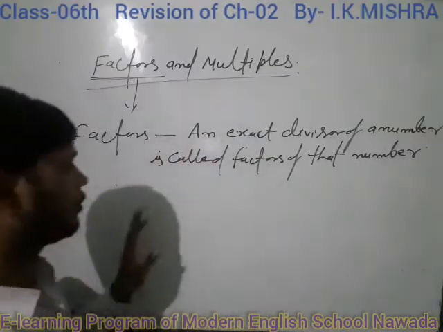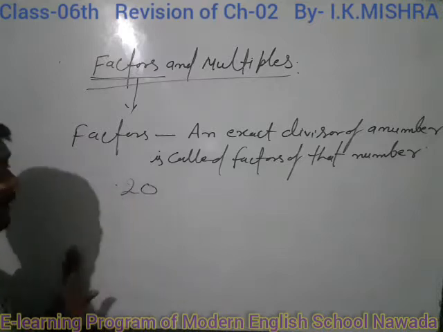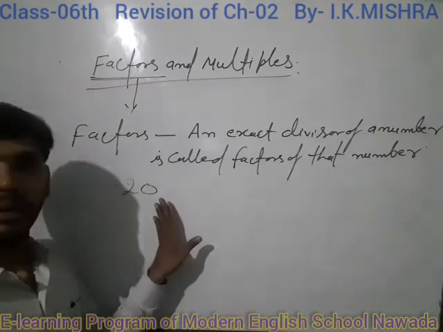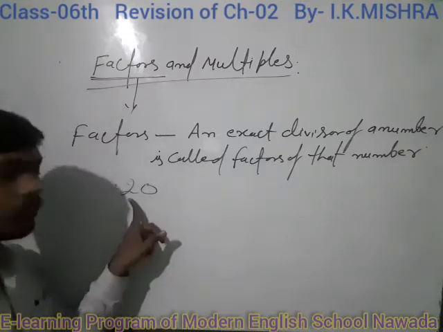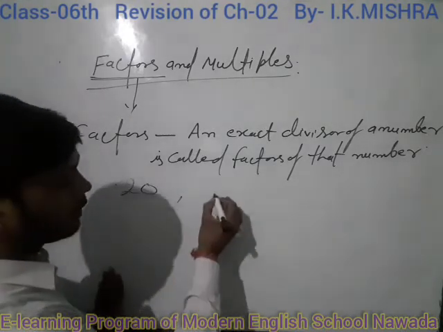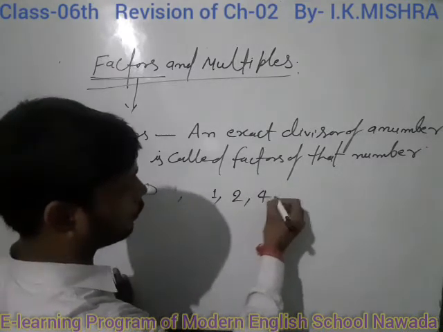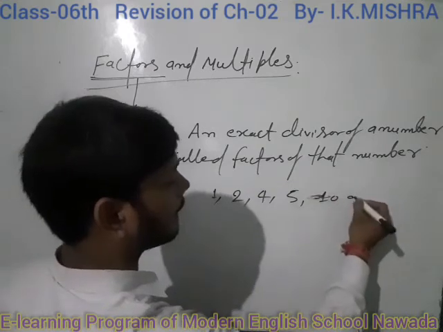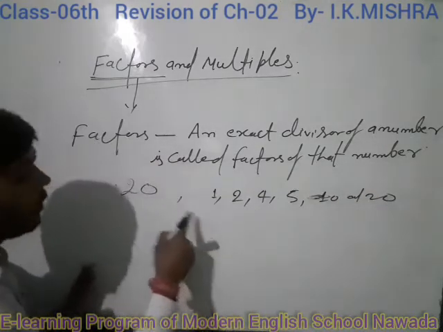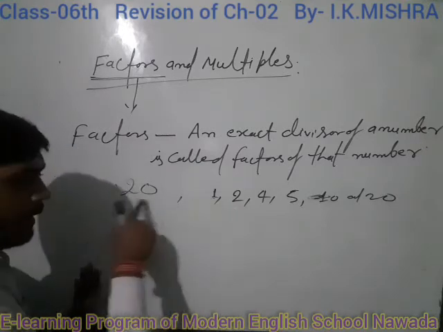Students, suppose here I write a number 20, and here you have to know the factors. That means 20 is divisible by 1, 2, 4, 5, 10 and 20. When you divide 20 by 1, it is exactly divisible.